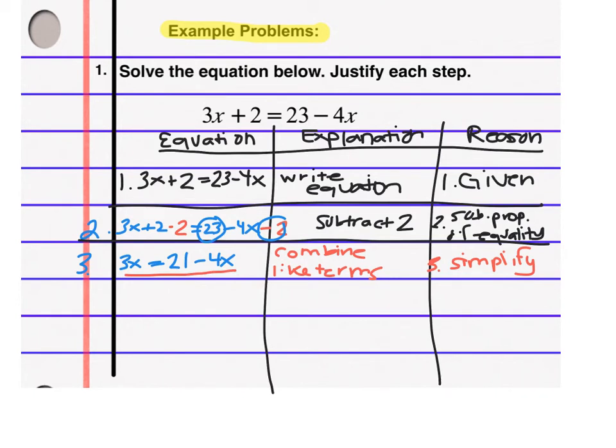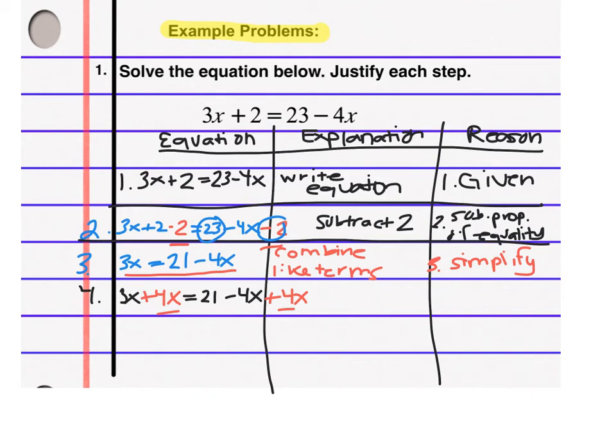What should we do next? Hopefully you're saying add 4x to each side. So let's go ahead and do that. So 3x plus 4x equals 21 minus 4x plus 4x. So just like we subtracted 2 up here, we're going to add 4x to each side here.